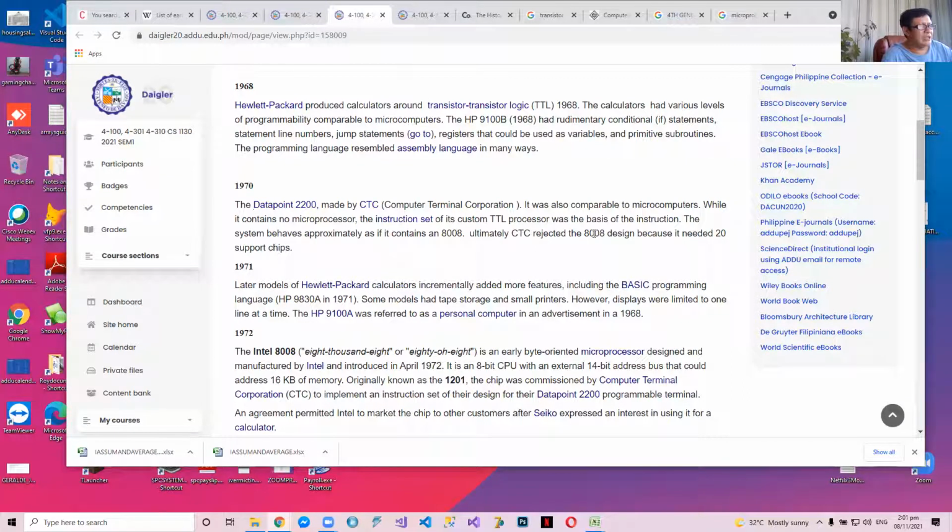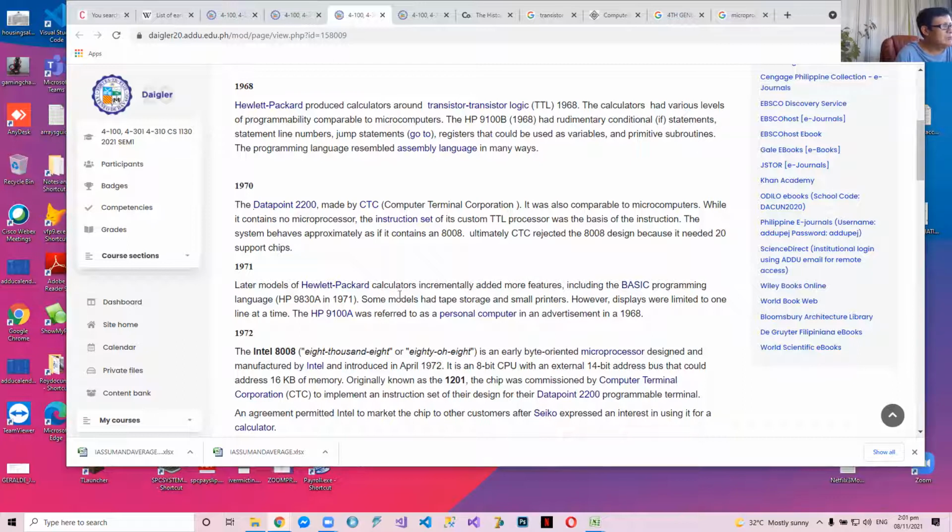The 8008 is a CPU in an IC, the predecessor of the 8080. It wasn't stated whether the 8008 was Intel, but the 8080 and the 8088 are Intel processors.